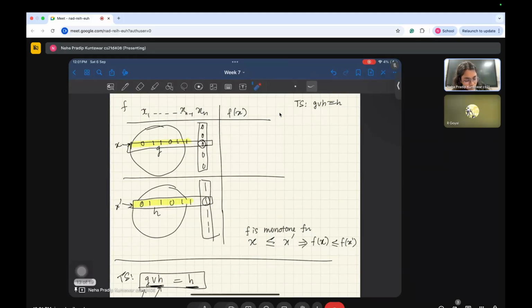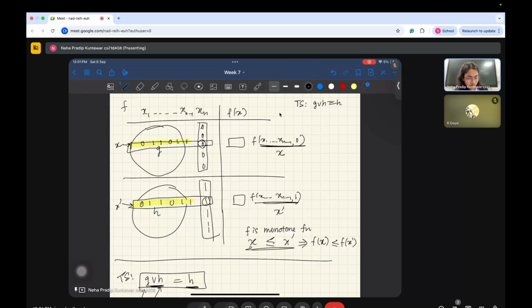So this is the value corresponding to the first one, f of x1 to xn minus 1 with the 0, and f of x1 to xn minus 1 with the 1. I'll call this x, and this is our x prime. This is what we were talking about earlier.